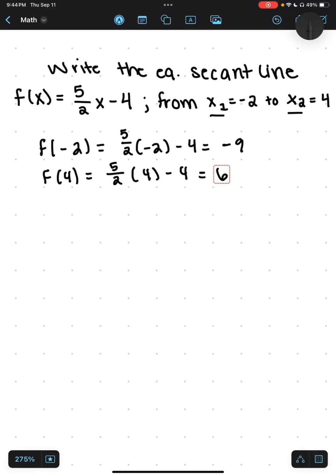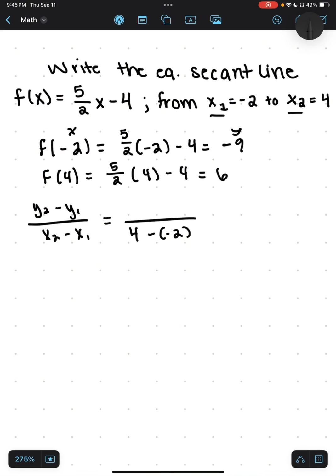All right, so now we have our x's and our y's, so we can find the average rate of change, which is also known as slope, which is y2 minus y1 over x2 minus x1. In this case, that would be 4 minus negative 2 for the x's, and for the y's, 6 minus negative 9.